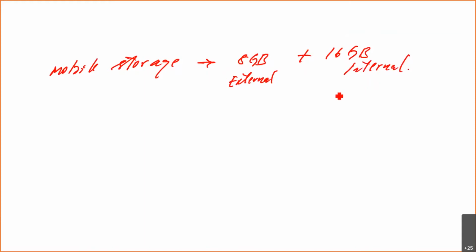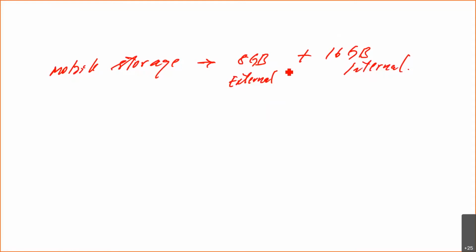So total how much storage is available? Can you say? In this example, how much? 24? Okay, if you have a 24 GB file, can you store it as a single file? No, guys. Why? Because 8 GB is separate and 16 GB is separate.